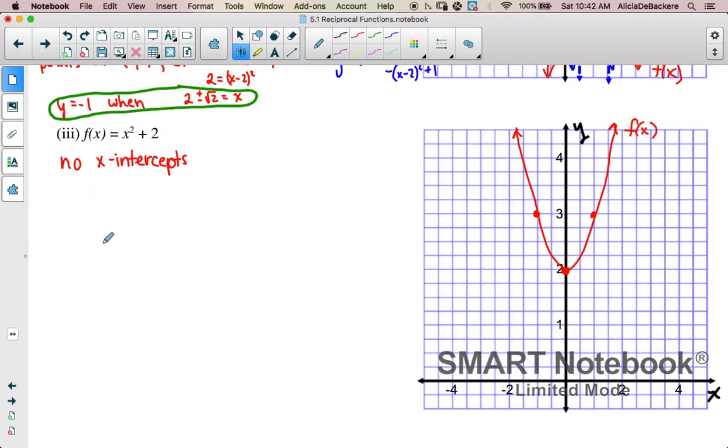So talking about positive and negative intervals, this graph is positive on the entire domain. It's increasing after the vertex, and it's decreasing before.